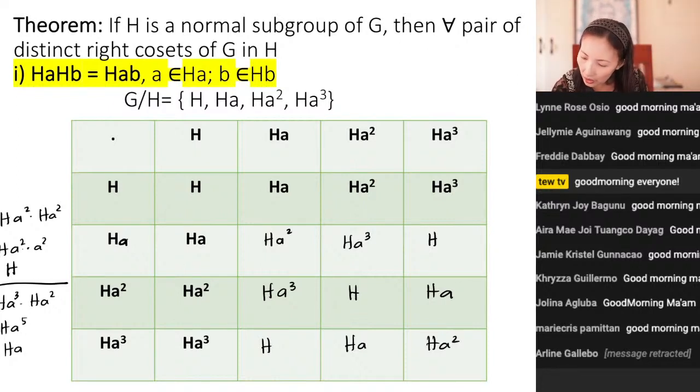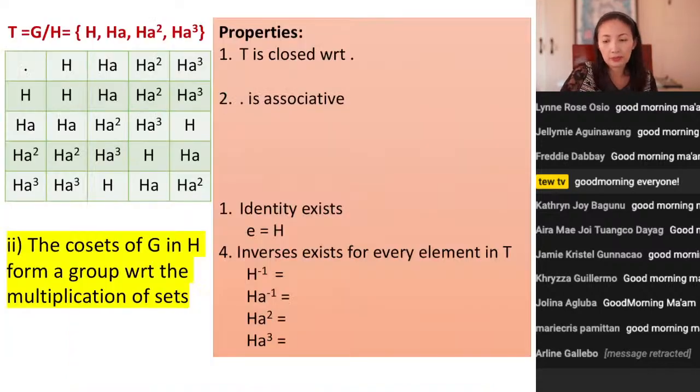Do we have that? Yes, HA and HA squared. So compare it to the table here. There it is. Take note that these are the elements of our quotient group a while ago. These are the elements of our quotient group T.